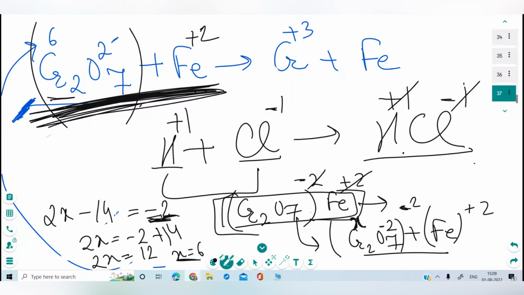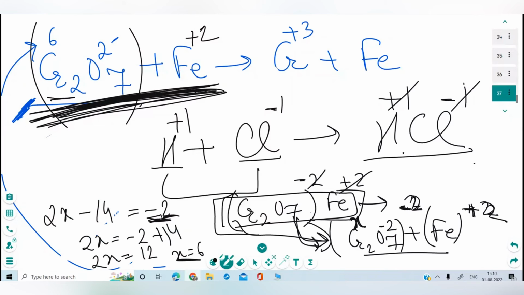It's neutral when it's combined, but when you separate it, the charges will be there, no? The charge on this and the charge on this. So that's the reason this whole is equated to this one. Yeah. And the charge of this happens to be -2.